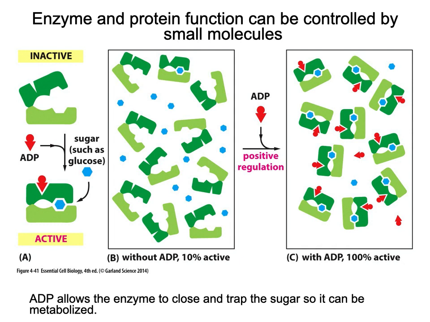You're going to have more ADP. Because that ADP is binding to the enzyme, that allows the enzyme to close itself on the glucose molecule, the sugar, and allows it to catalyze that to start the process of converting the glucose into energy.